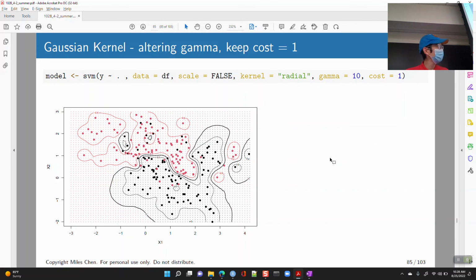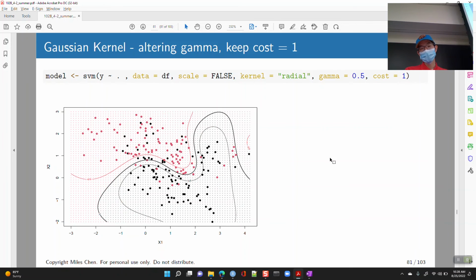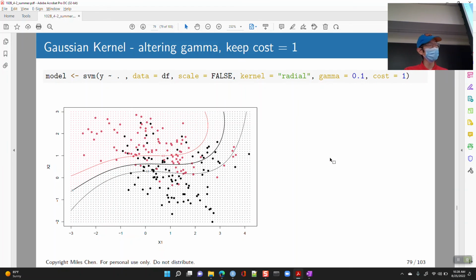Is this high variance, low bias, or low variance, high bias? Yeah, this falls on the side of higher variance, lower bias. And then over here, this would be high bias, lower variance.